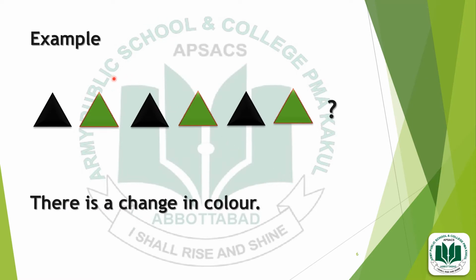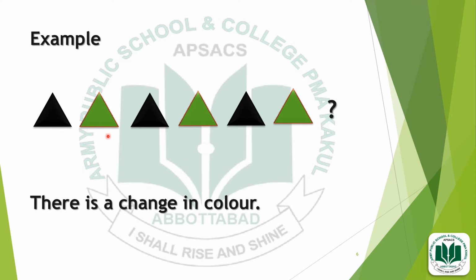We can make different types of patterns with the help of shapes. There is a pattern on a screen and you have to complete this pattern. To complete the pattern, first you have to identify the change in the pattern. As you can see, one type of shape is used in this pattern. What is that shape? Triangle. Now, identify the change.